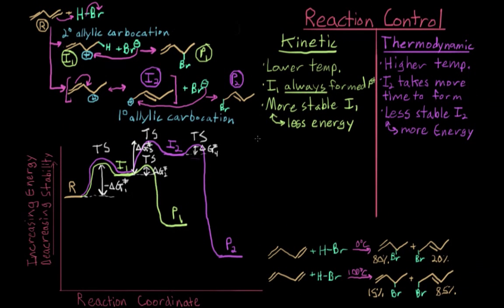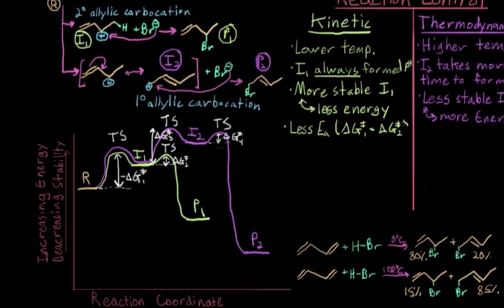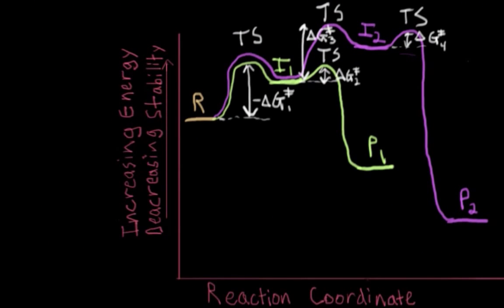If we think of it as the sum of those, again, the kinetic reaction control or kinetic product requires less activation energy, which I'm abbreviating E sub A. We can think about that mathematically as delta G double cross 1 plus delta G double cross 2. On the same token, we notice that it takes not just delta G double cross 1, but also delta G double cross 3 and 4 to form product 2.